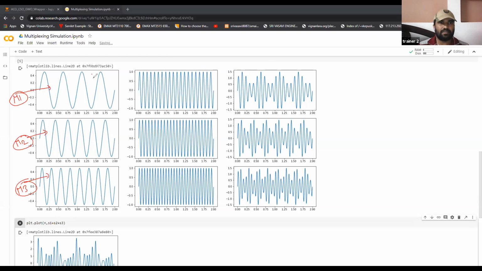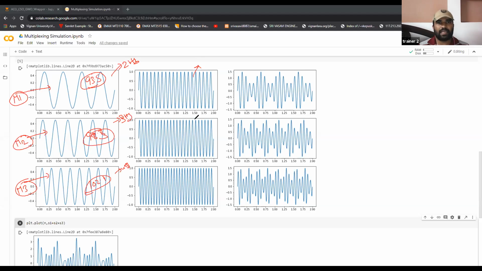Let's say this is whatever is spoken by the radio jockey in 93.5 station. This is 98.3 station. This is 102.1 station. Okay. So let's say they are generating information at 2 hertz. This is 3 hertz. This is 4 hertz.